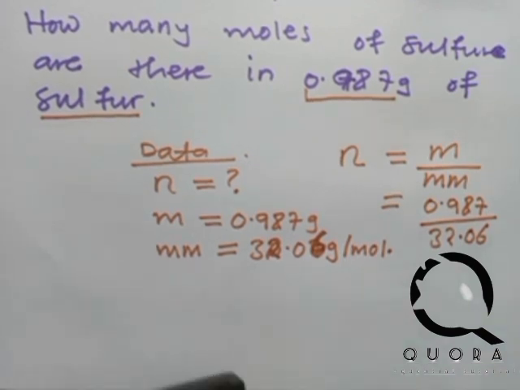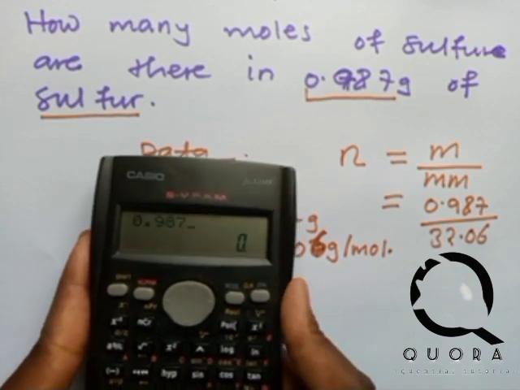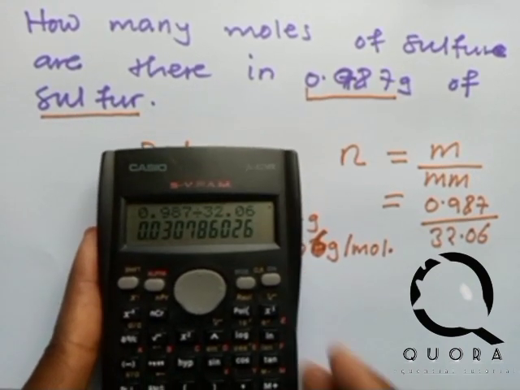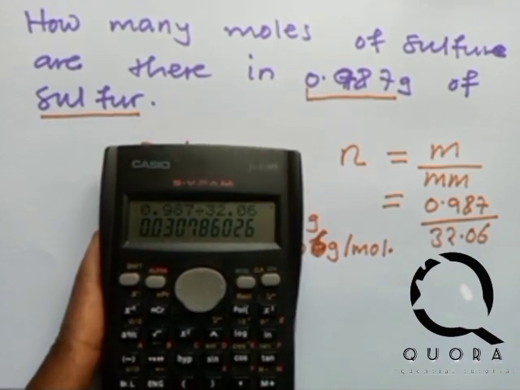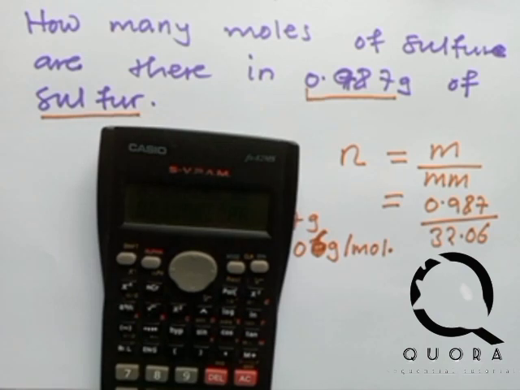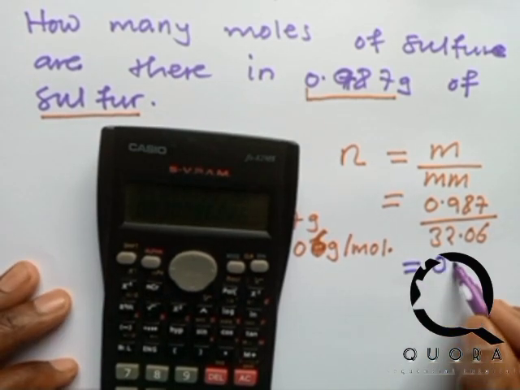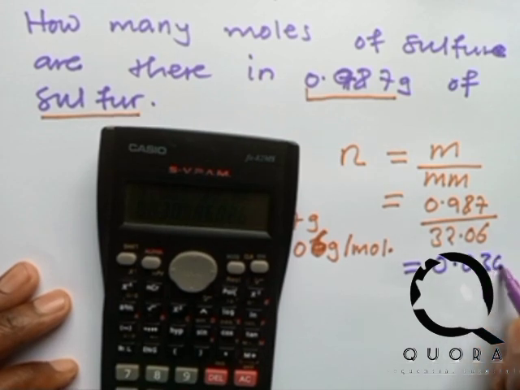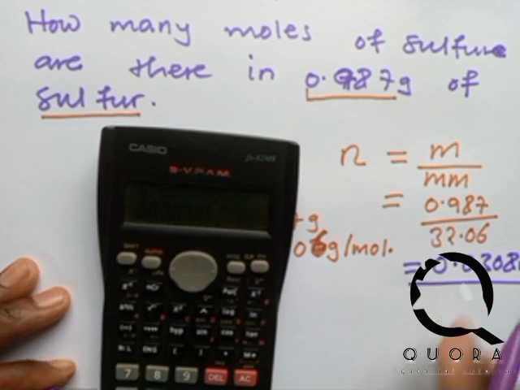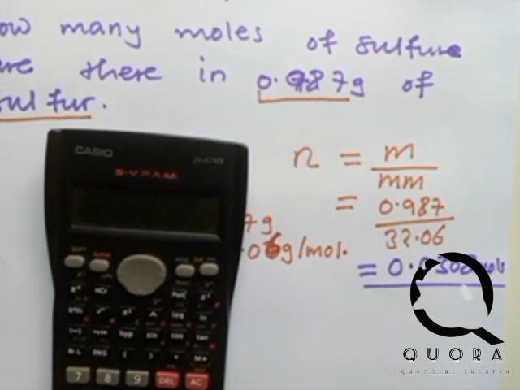The calculator is allowed for you to use. 0.987 divided by 32.06. So the total number of moles of sulfur is 0.0308 moles. This becomes the total number of moles that we can get out of that given mass.